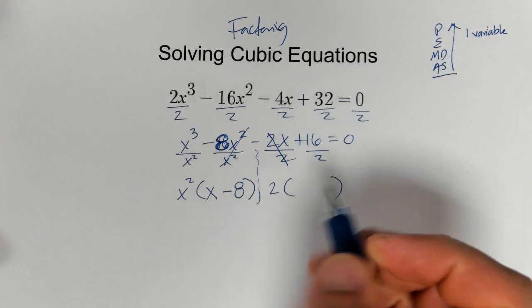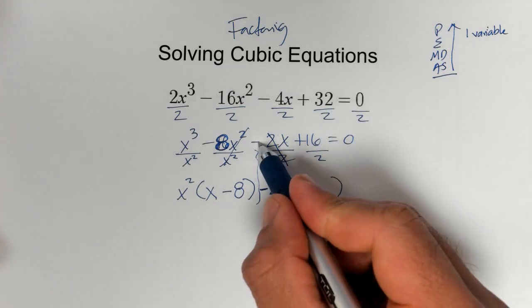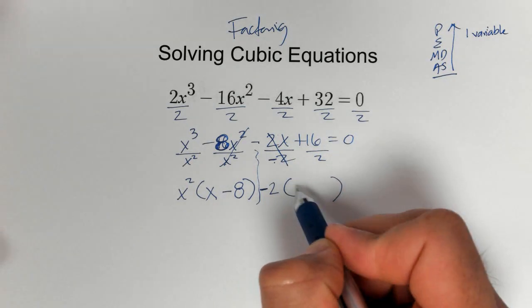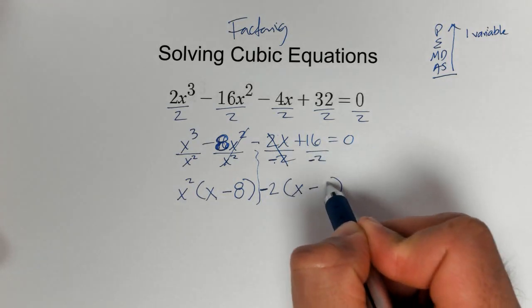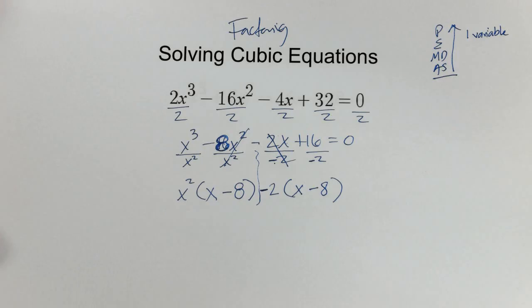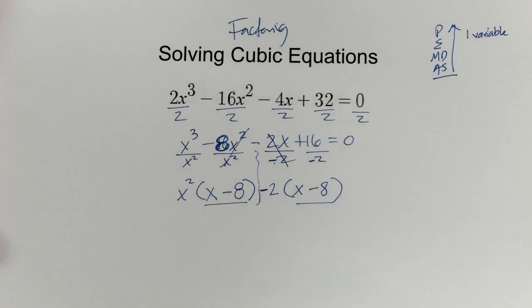I want them to match. So I'm going to strategically divide it by a negative 2. Because negative divided by a negative gives me a positive x. And 16 divided by negative 2 gives me a negative 8. And as you can see, I have 2 terms here that I want them to match. Again, there's a lot more examples that I do on a previous video, and where I explain this more in detail.